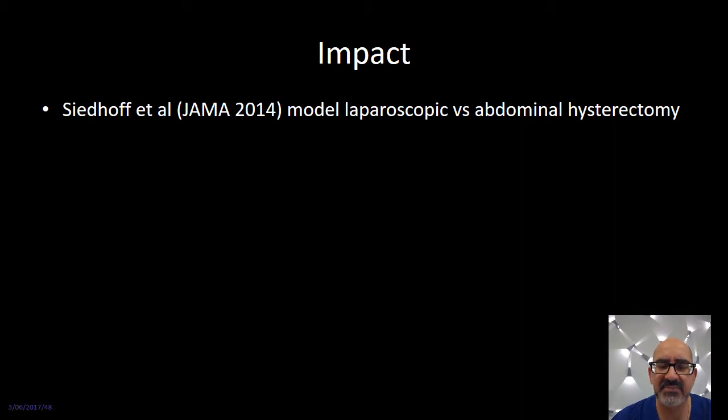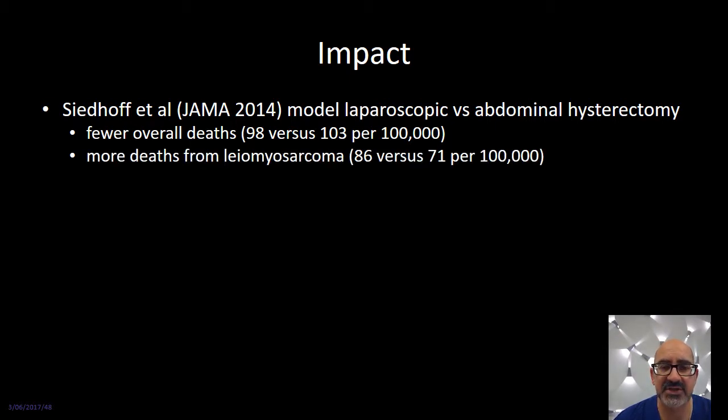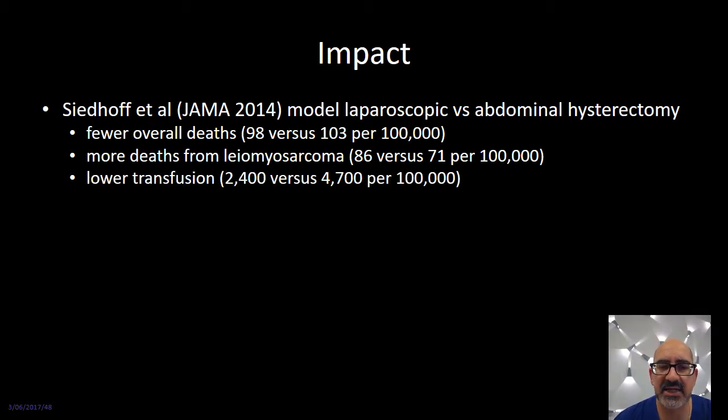If we look at the impact of laparoscopic versus abdominal hysterectomy, and abdominal hysterectomy here assumes that no morcellation whatsoever occurs, we will see that there will be fewer overall deaths if all hysterectomies for fibroids are done laparoscopically. In fact, quite a significant reduction. However, we trade this for more deaths from leiomyosarcoma.